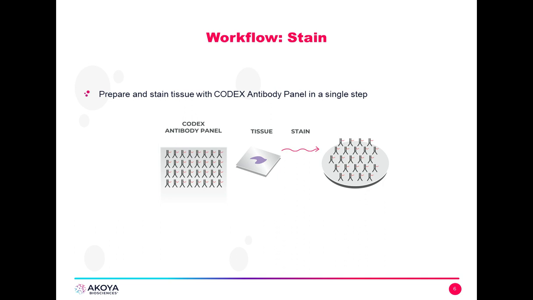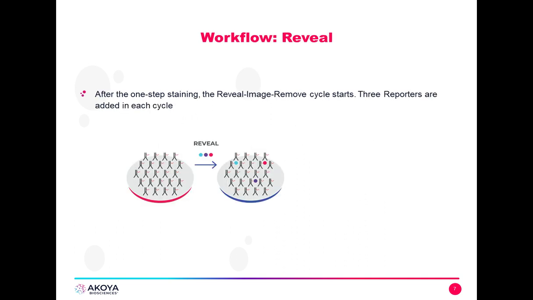The workflow for CODEX is to first stain the tissue with a cocktail of DNA barcoded primary antibodies, shown here. These antibodies are going to be fixed to the tissue so that they are not removed in the following processes. We're going to reveal where these antibodies have bound to their target antigen using a one-step reveal process in each CODEX cycle.